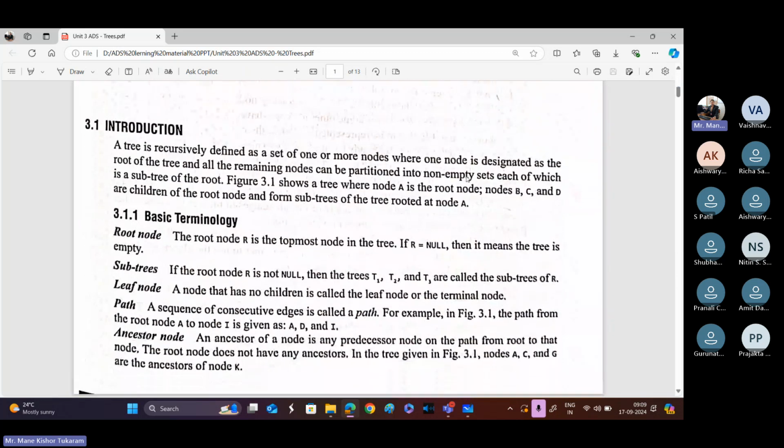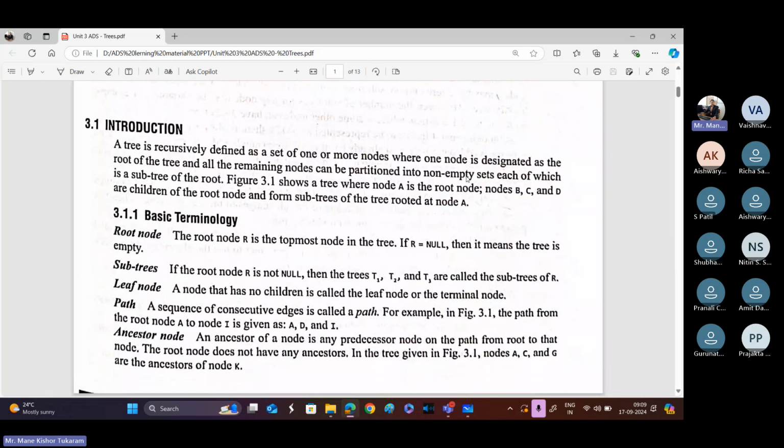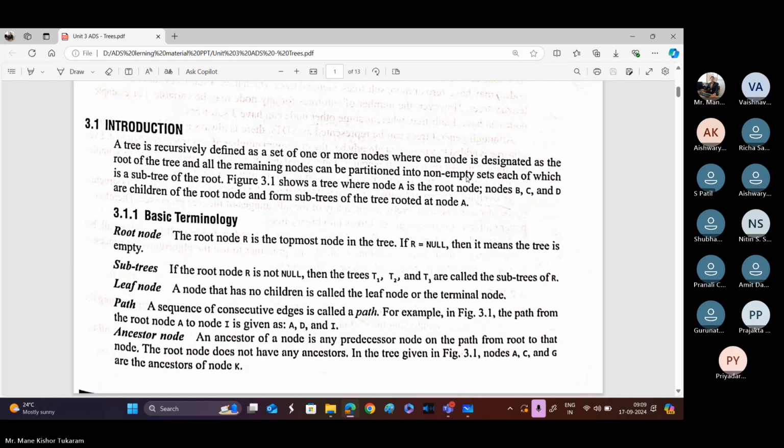So let's start the tree. Tree is one of the mostly used data structures, which is very useful for storing data in a hierarchical format.